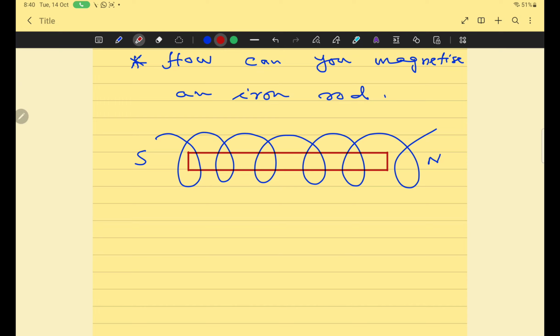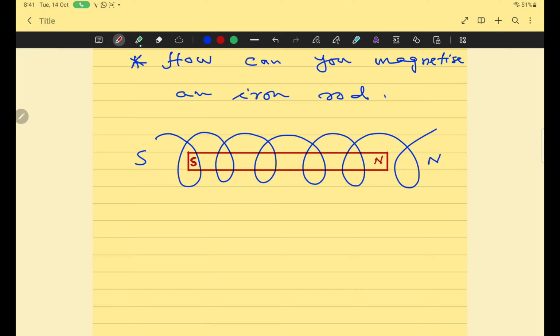Then according to the rule, this end of the iron rod becomes the north pole, and the other end of the iron rod becomes the south pole. So the same poles are copy-pasted: the same pole of the solenoid and the same pole inside the iron rod.